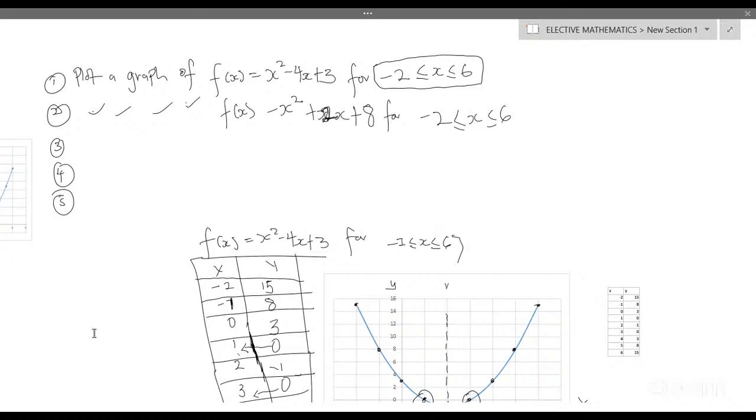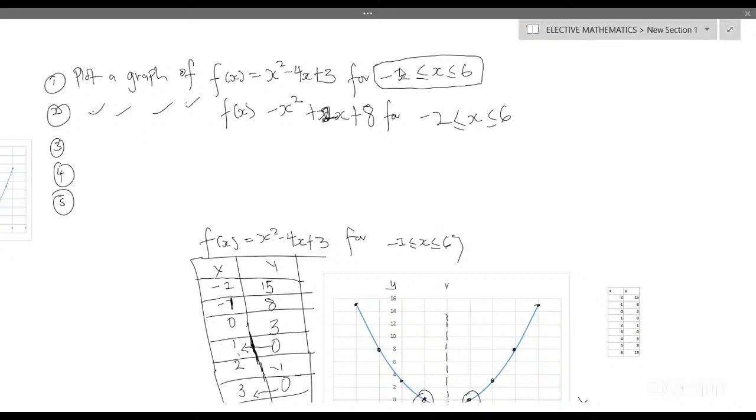I want to teach you an easy way you can use to plot the graph. Yes, sir. Can you hear me?